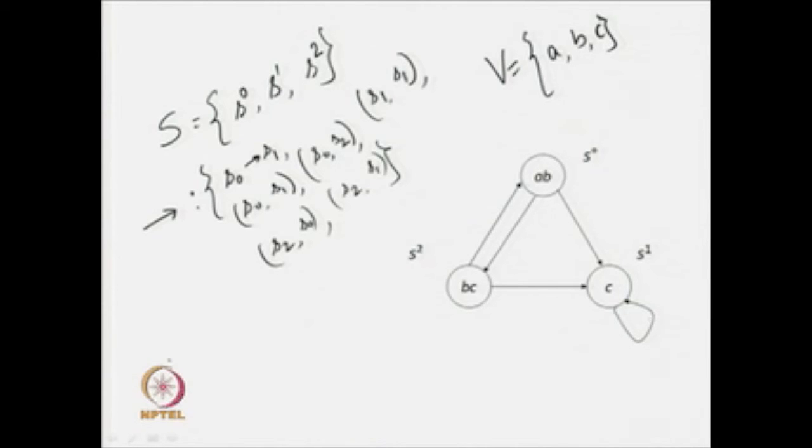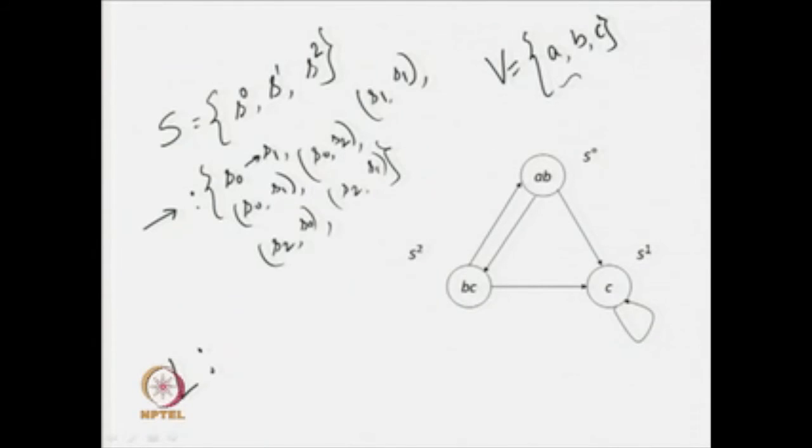Now, along with that we should have a labeling function L. What is this labeling function? It says that we label each and every state by a subset of this set of atomic propositions. In a particular state, if the atomic proposition is true, then we label it with that atomic proposition.